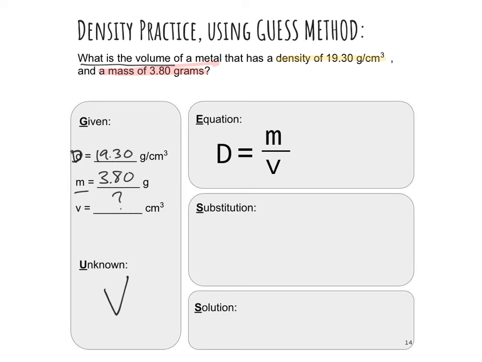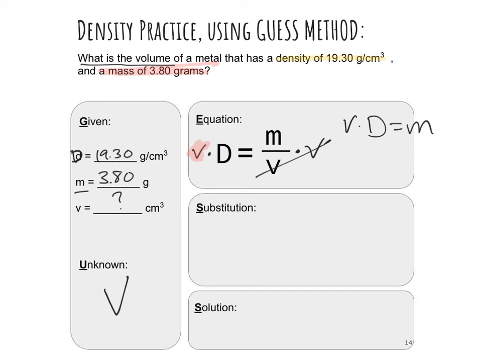Some people call this cross multiplication. So if you cross multiply here, that's totally fine. So if we multiply by V on both sides, just like we did in the last equation, we get V out of the bottom, and it ends up over here on this side. Okay? So now I'm going to rewrite that as V times D equals M. We've got one more step to get to V being by itself.